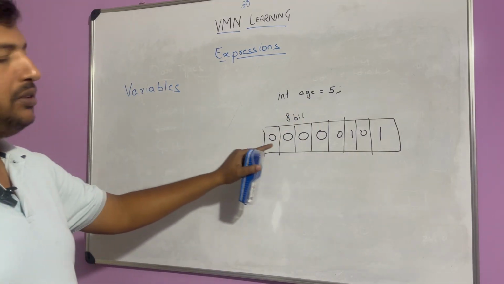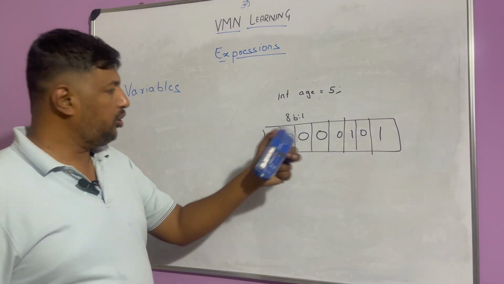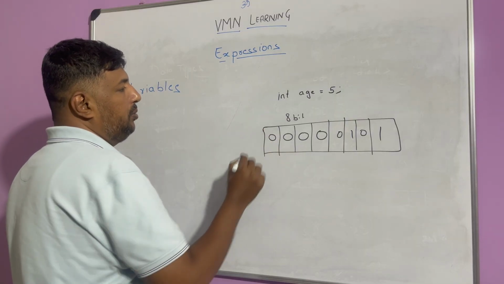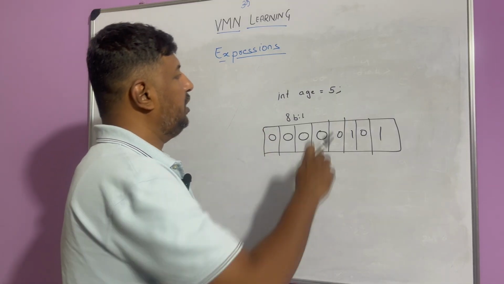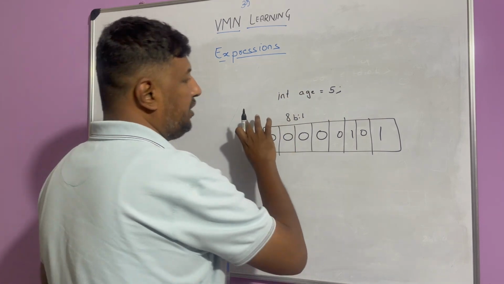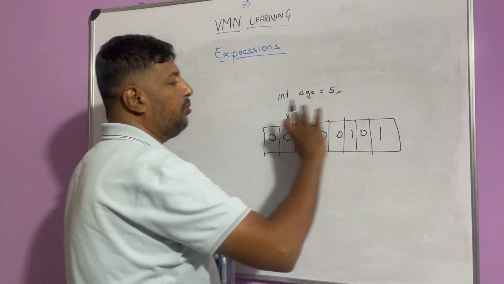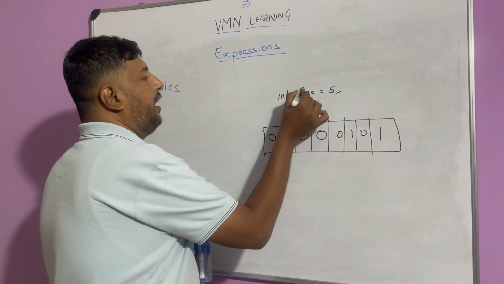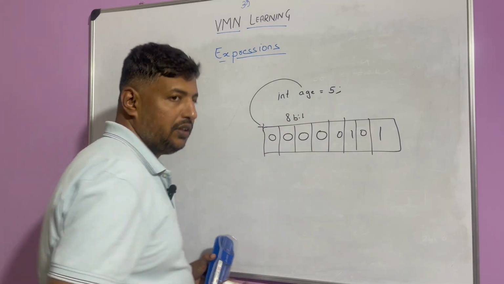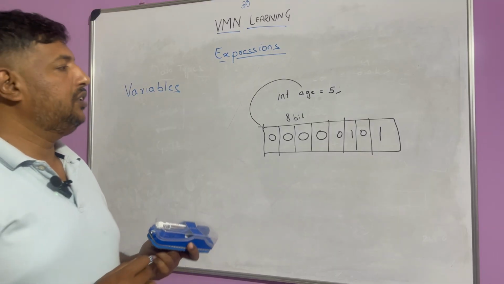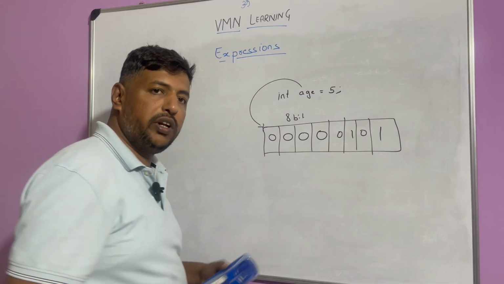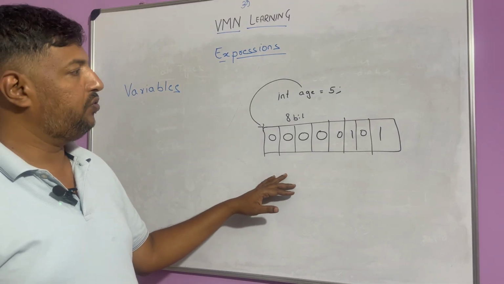For 16-bit, this will be a 16-bit number. For 32-bit, this will be a 32-bit number. For an integer in an 8-bit system, it will be stored with the 8 bits, and this age will be pointing to this. So this is how int age is equal to 5 is stored in memory.